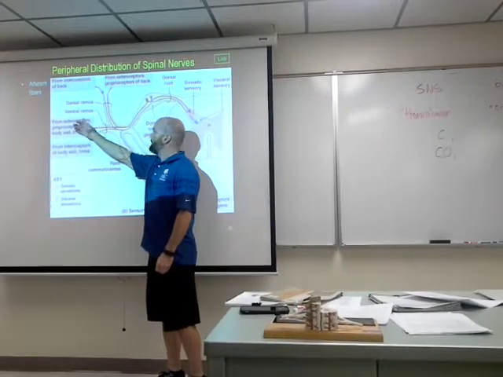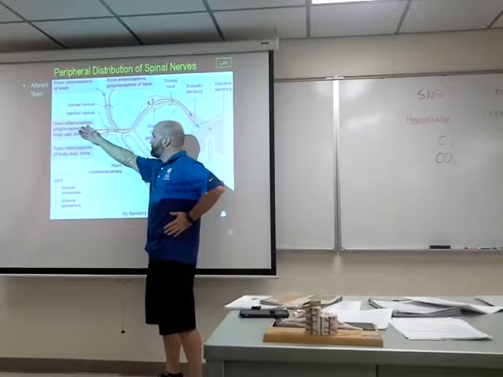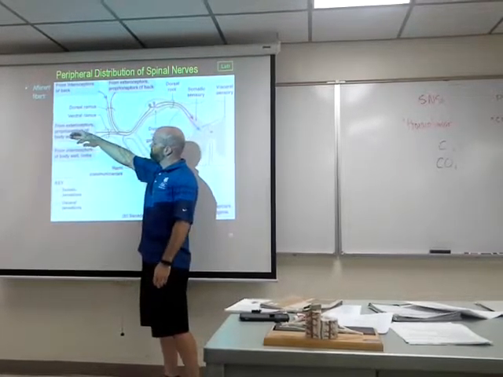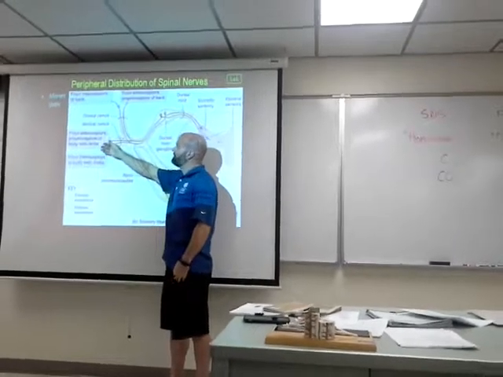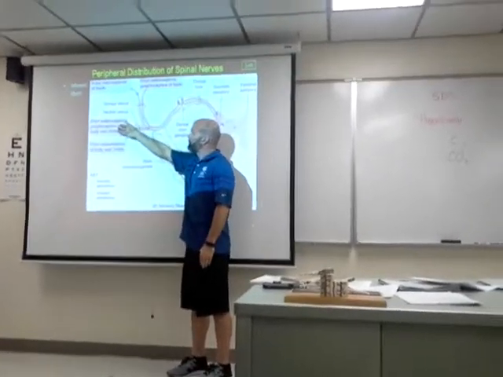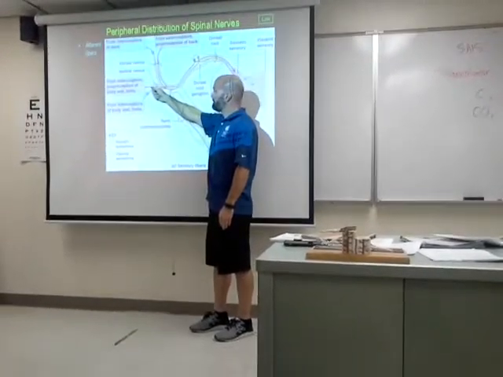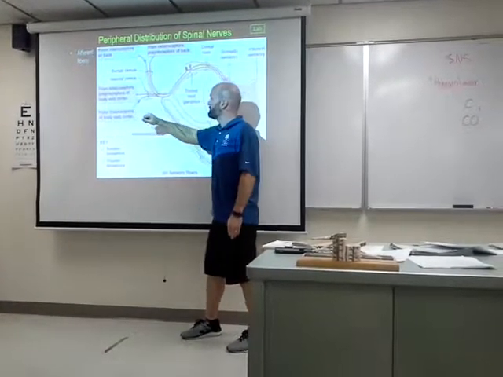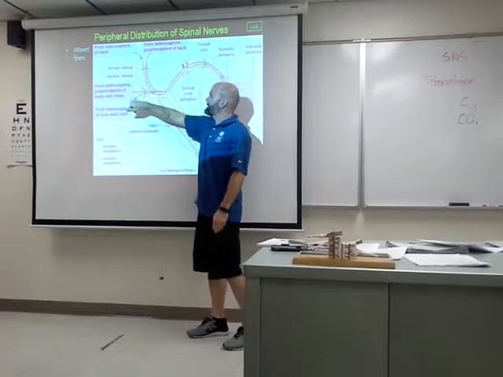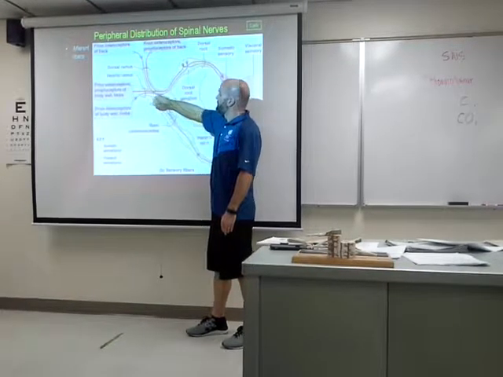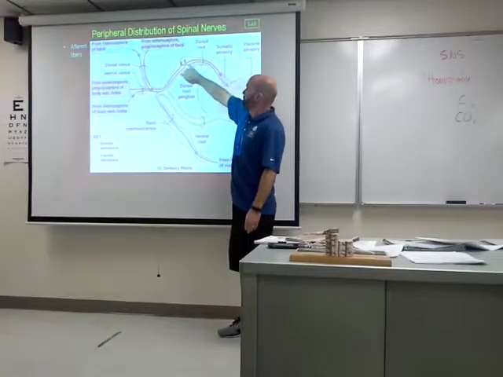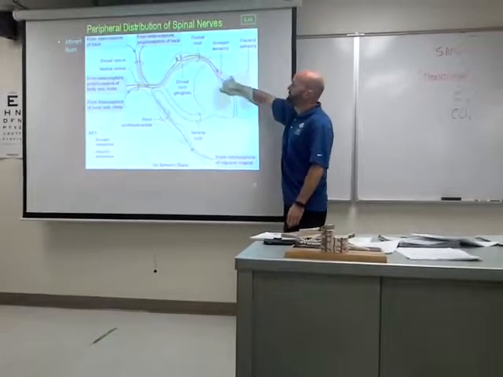Okay, so we're looking at ventral body wall, lateral body wall, lower limbs, upper limbs. If it's somatic, it's coming from exteroceptors or proprioceptors. Visceral, coming from interoceptors. But they all pass through the ventral ramus, spinal nerve, dorsal root, to get into the dorsal horn.